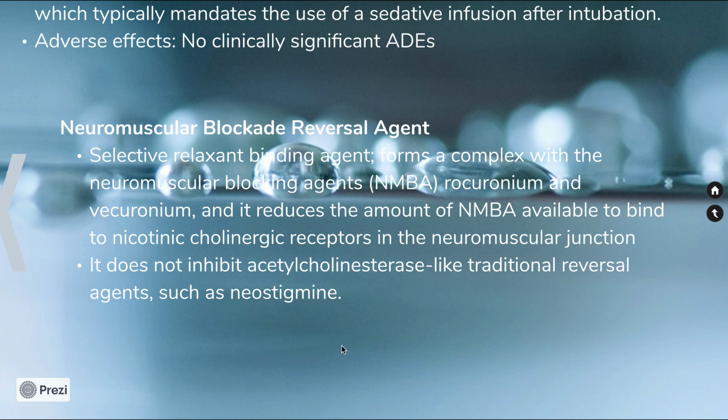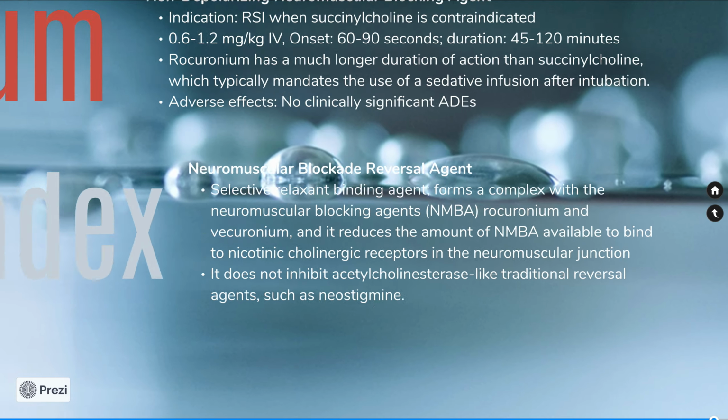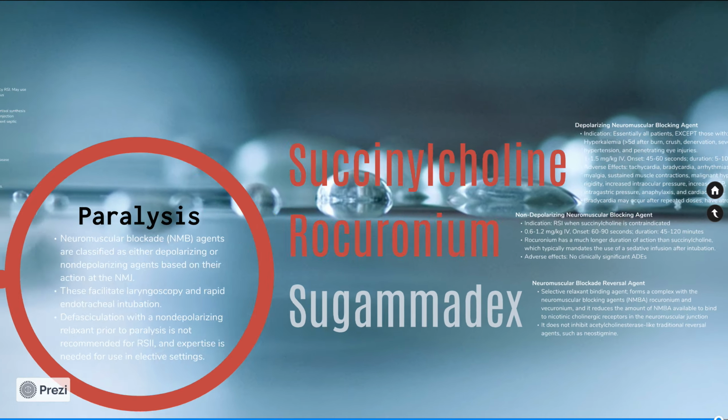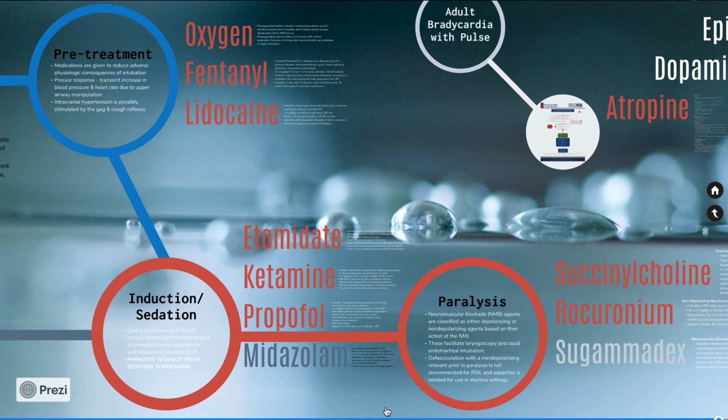Alright, so one last thing for sugamadex, it does not inhibit acetylcholinesterase like your traditional agents like neostigmine. Okay. Alright. So, these are the molecules involved in inducing paralysis as part of the rapid sequence intubation.